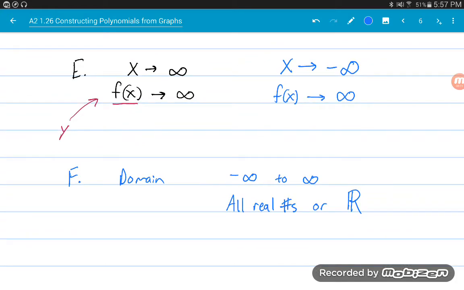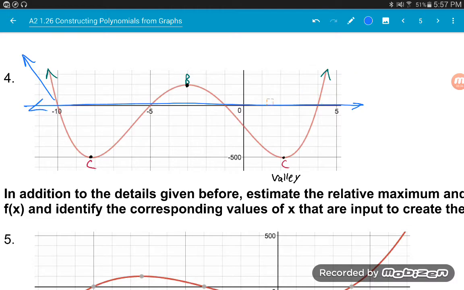Okay, now part G. What is the range? So what we're asking is, what parts of the y-axis is this function on? Well, it goes up forever, right? It goes up forever over here, and it goes up forever over here. So it definitely goes to infinity. But does it go down to infinity? It doesn't. The function never goes below here.